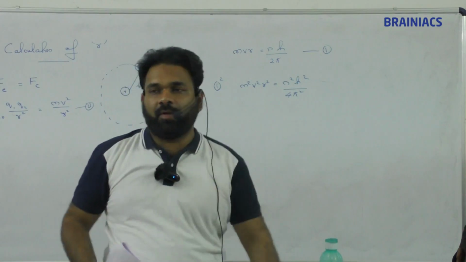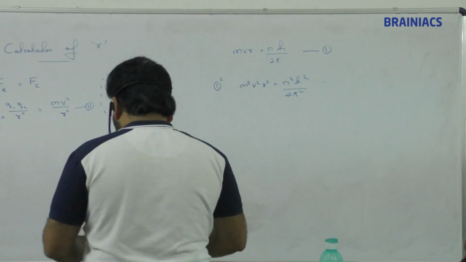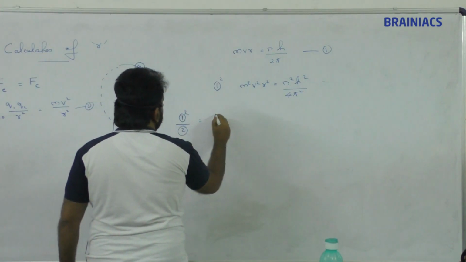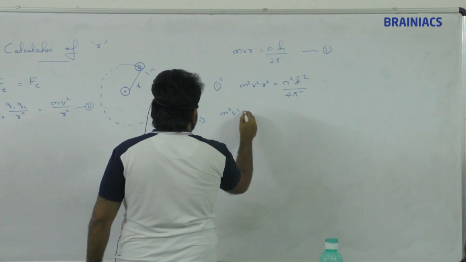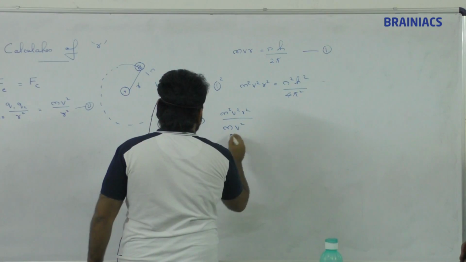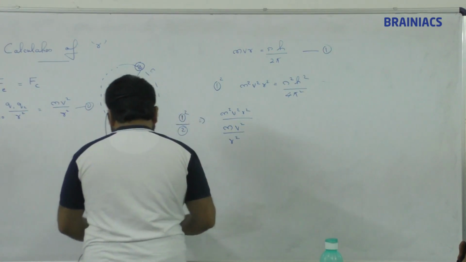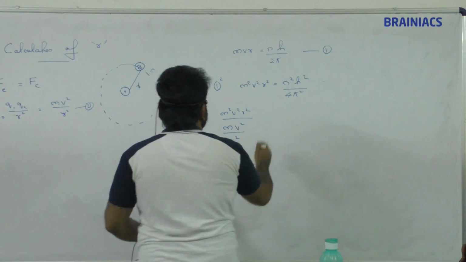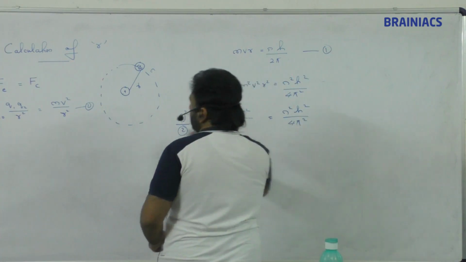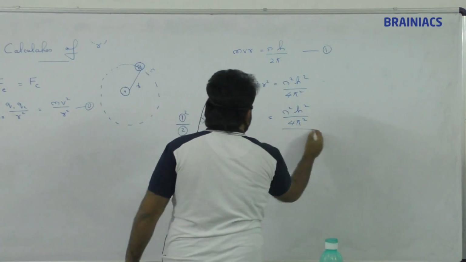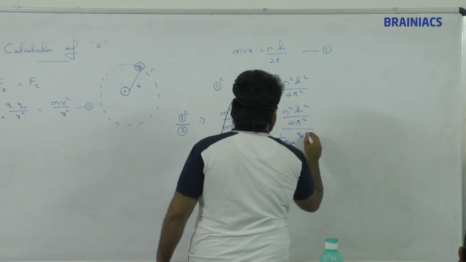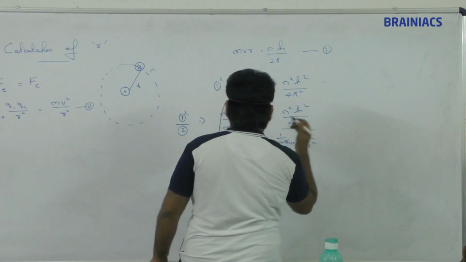Then what are we getting? Suppose I do 2 squared divided by 1, I will get m square v square r square divided by m v square by r, which is n square h square divided by 4 pi square, and this side divided by 1 by 4 pi epsilon naught q1 q2 divided by r square.